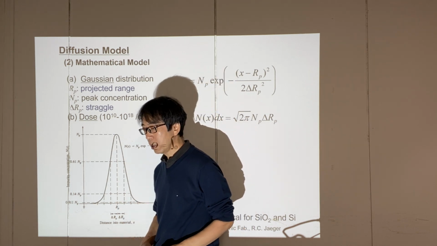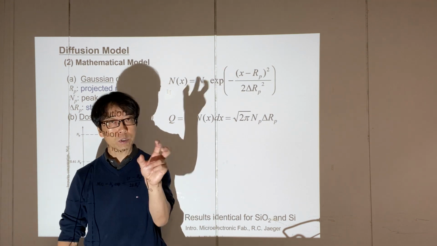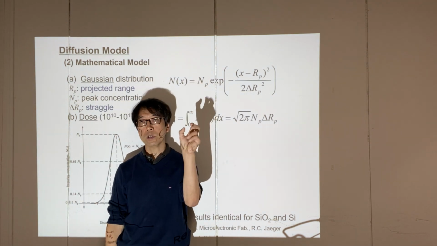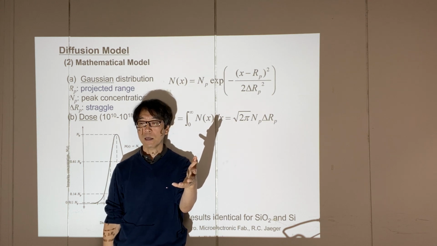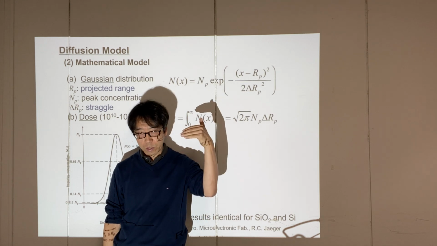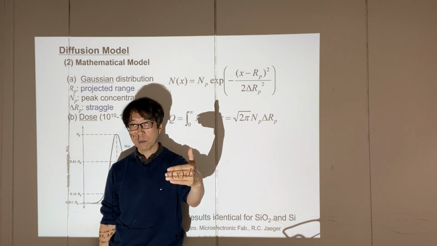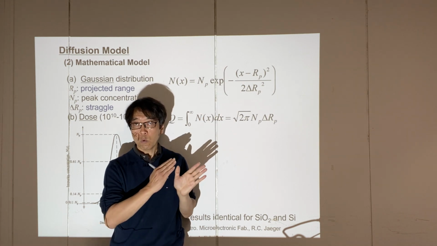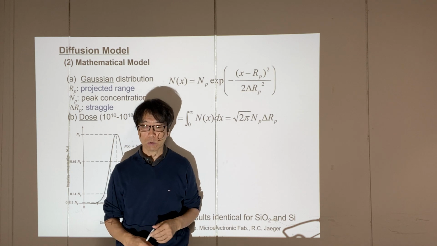Why is it considered a Gaussian distribution? Quantum mechanically, when you shoot these little particles over the surface, there's statistics involved, right? And statistics tells us that the distribution of these little atoms, little impurities will be well scattered, like a Gaussian distribution. That's what they use in quantum mechanics.